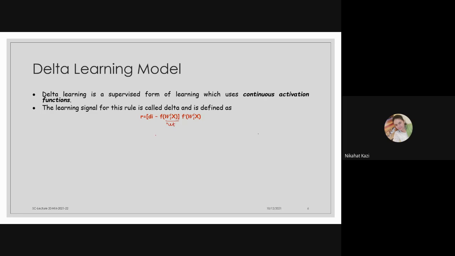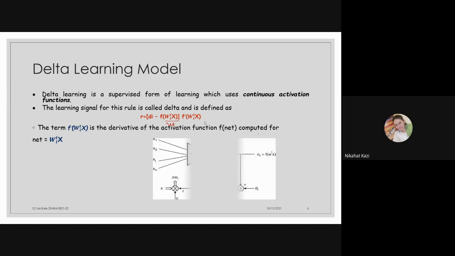So di minus oi is multiplied by f dash of w transpose x. So now you take the derivative of this activation function. So what you're doing is basically just computing the derivative in this rule.